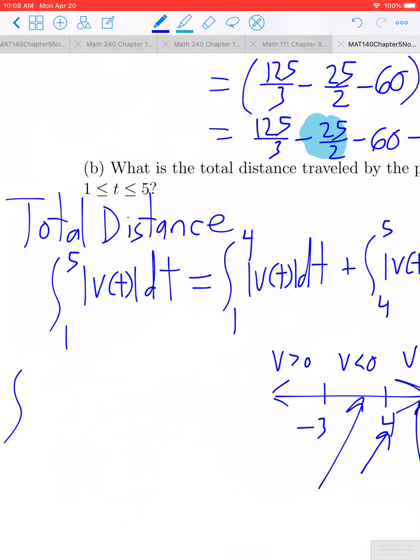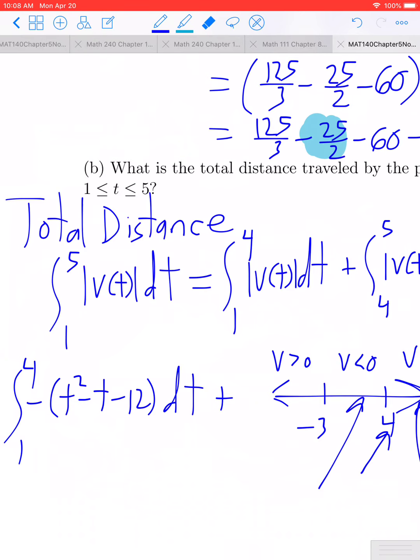Because the velocity is negative between 1 and 4, its absolute value is going to be equal to the negative of v of t, which is going to be the negative of t squared minus t minus 12 dt.